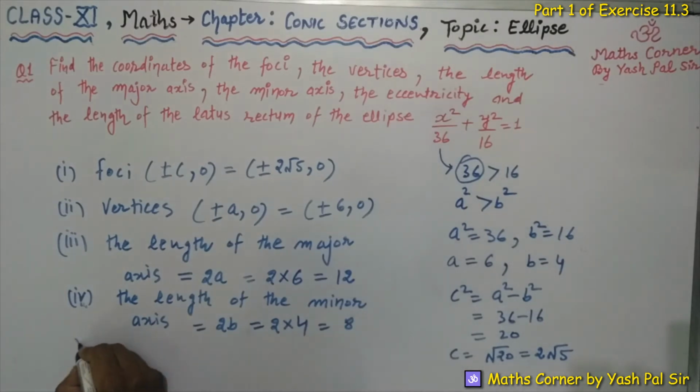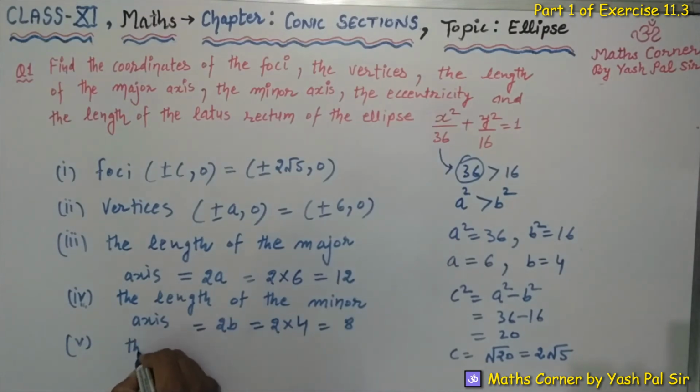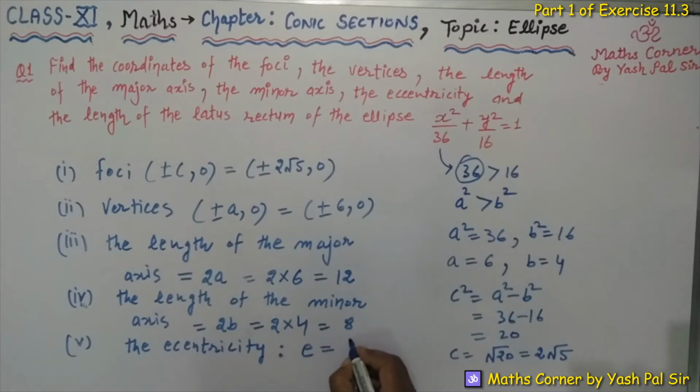Next, the eccentricity. Here eccentricity is e, and we know that e is equal to c upon a, because we know that c is equal to ae.